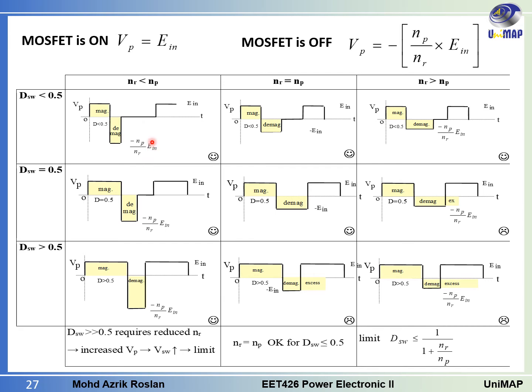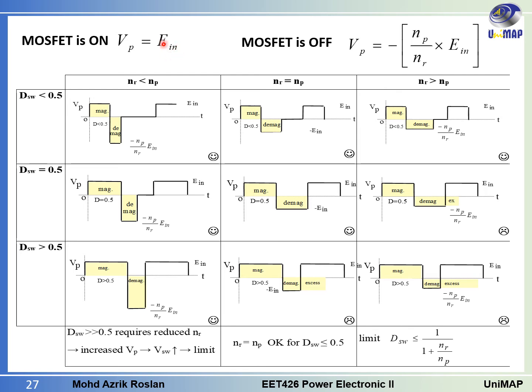In this slide, we want to show you the effect of the turn ratio and the duty cycle selection on the condition of the circuit, whether it's good or not. So we know that during the MOSFET turn on, the VP, the voltage across the primary winding, is equal to E in.